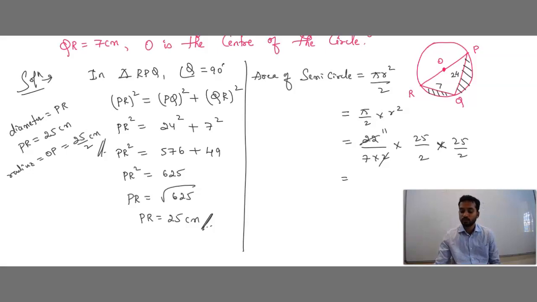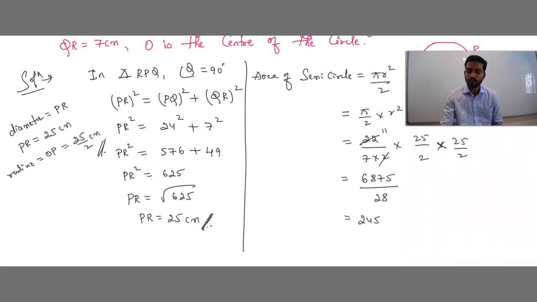The numerators are 11 into 25 into 25, that's nothing but 6875. Divided by 7 2s are 14, 14 2s are 28. That is 6875 divided by 28. If you divide this, you will get the final answer as 245.